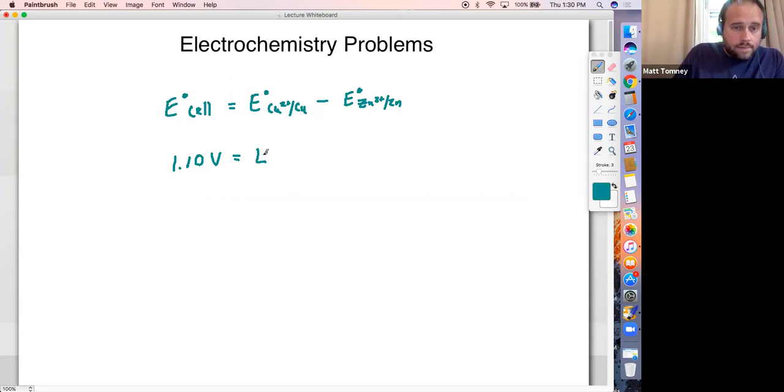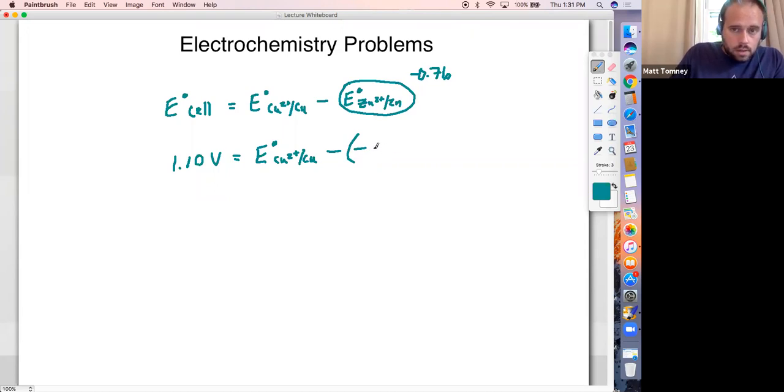Okay, we're going to have E cell, Cu2+/Cu, minus a negative, because this value itself is negative 0.76. So if that's the case, this is minus a negative, and that's going to affect your answer if you're just subtracting and you're forgetting to add this extra negative in here when you're pulling it from the charts, okay?